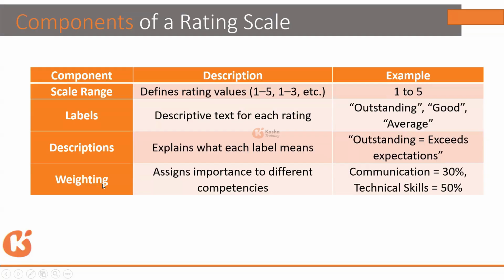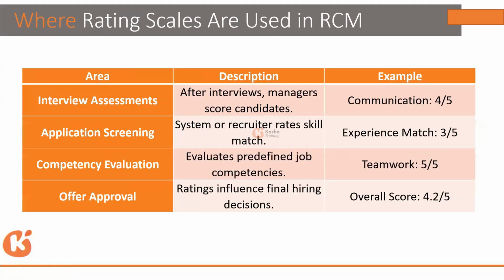Then you also give a weightage to each item, which we'll see when we configure this in the system. For example, communication has been given a 30% weightage and technical skill a 50% weightage. These are the components of a rating scale when you define it in the system.